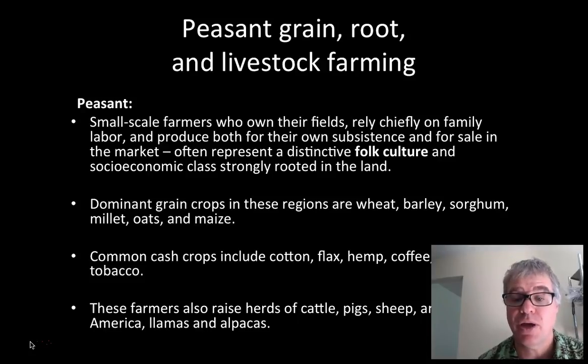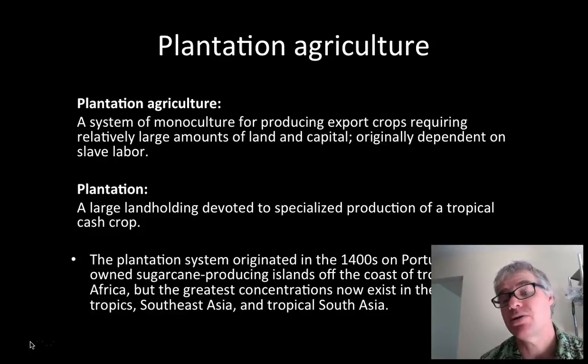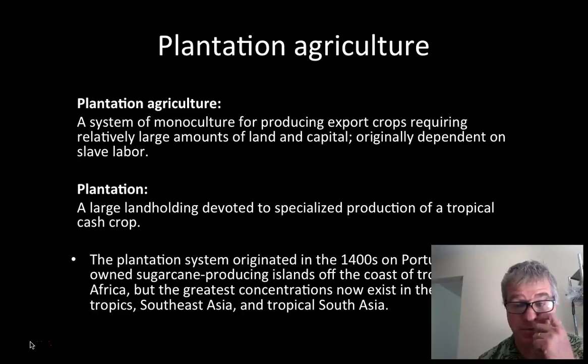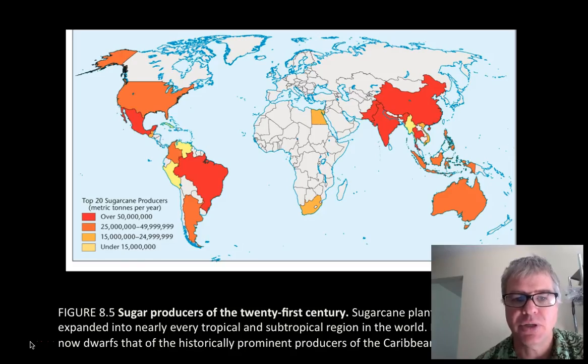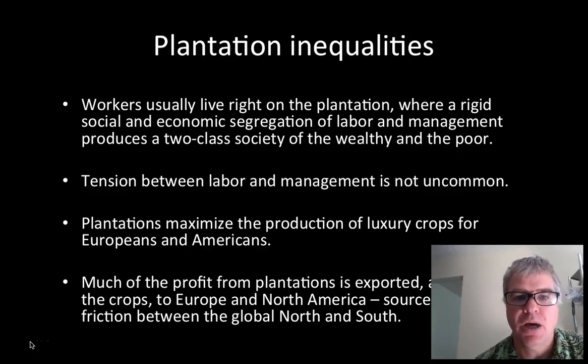Still a pretty important way in which food is produced in many parts of the world. Plantation agriculture, of course, has a long history, particularly in the Caribbean, for sugar production and that sort of thing. It's not as prevalent now, but of course was a big way in which agriculture production occurred for many, many years. So make sure that you understand that one.